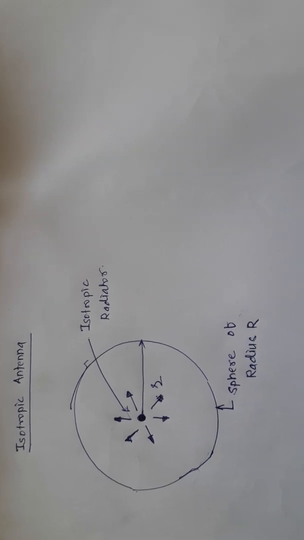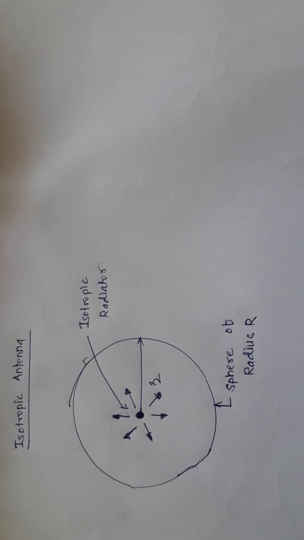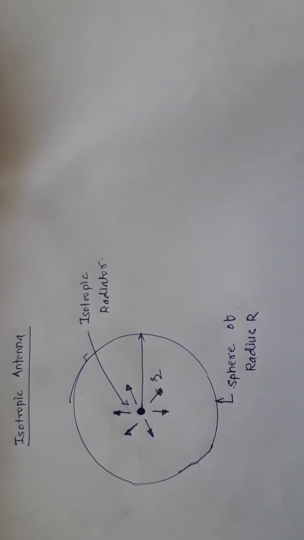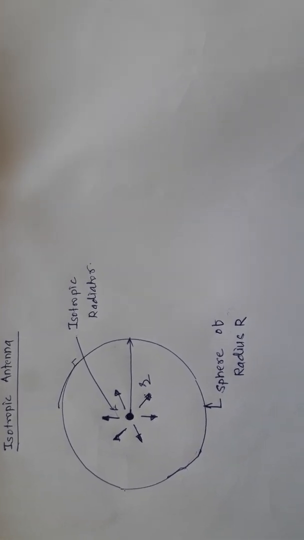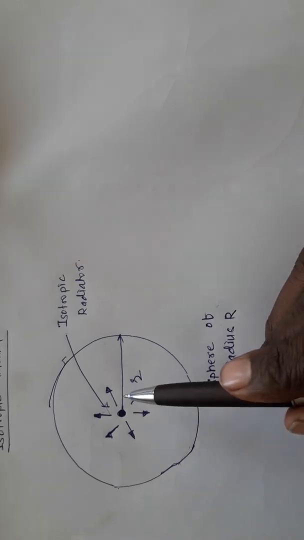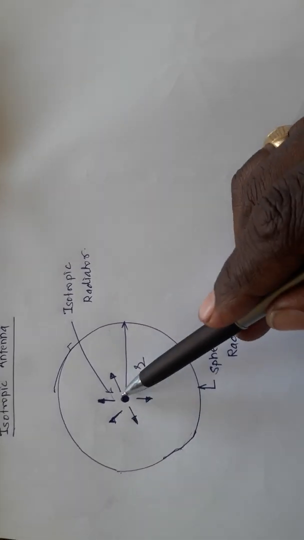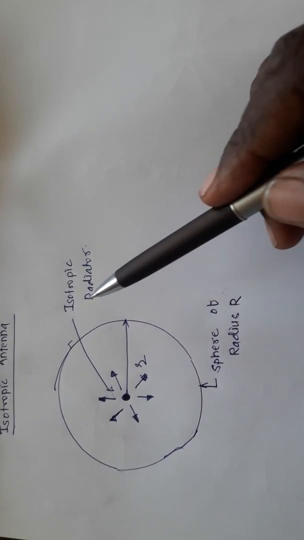While defining the isotropic antenna, we say that an isotropic antenna or isotropic radiator is a point source which radiates equally in all directions. Suppose this dot in this diagram, the center, acts as an isotropic radiator.